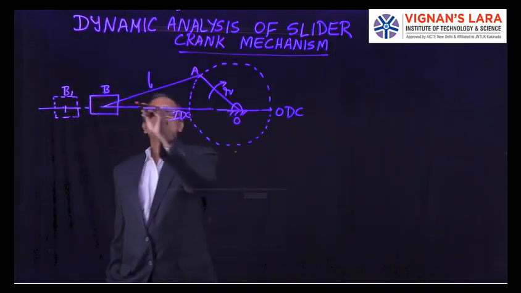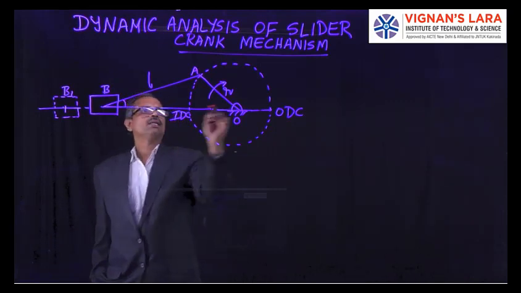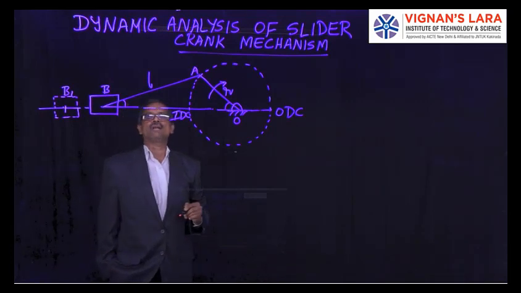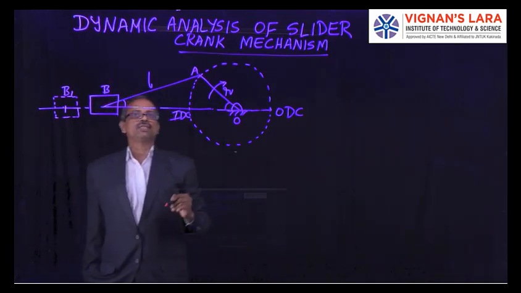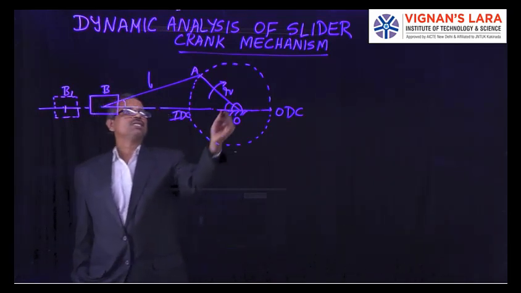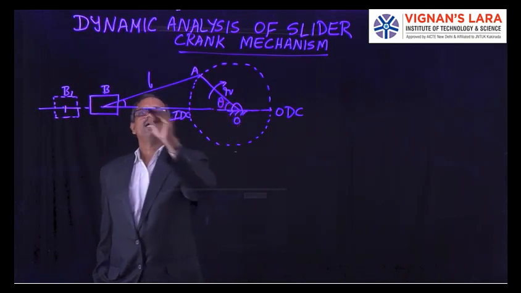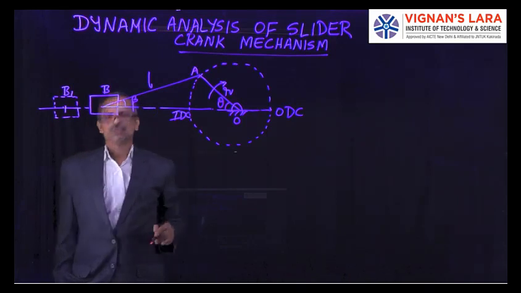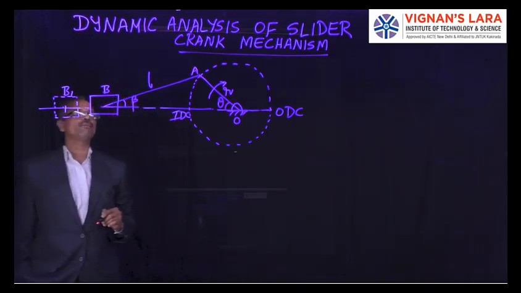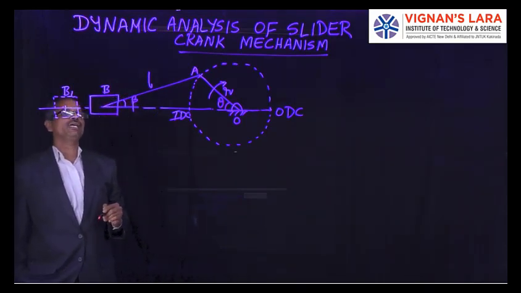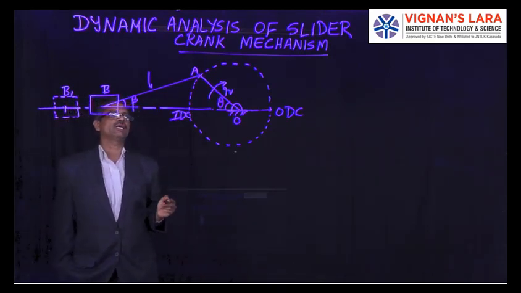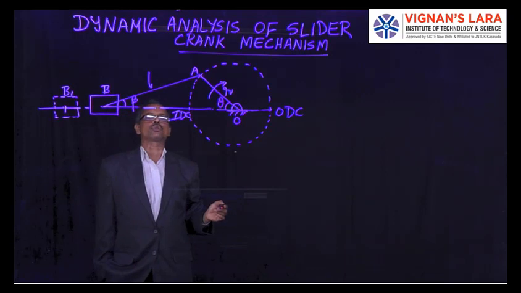Then let us indicate the angles made by the crank as well as the connecting rod with the line of stroke. This is theta and this is beta. So beta is the angle made by the connecting rod with line of stroke, and theta is the angle made by the crank with line of stroke.